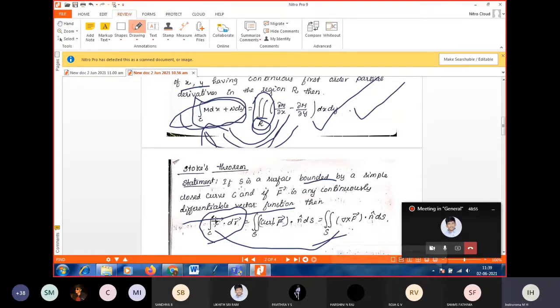The integral over C of vector f dot dr is equal to the double integral over the surface of curl f dot n cap ds. Curl f is nothing but del cross f, dot n cap ds. What is n cap ds?